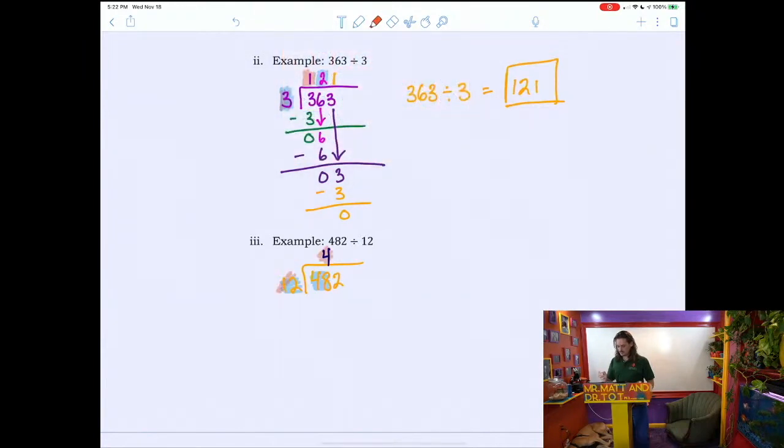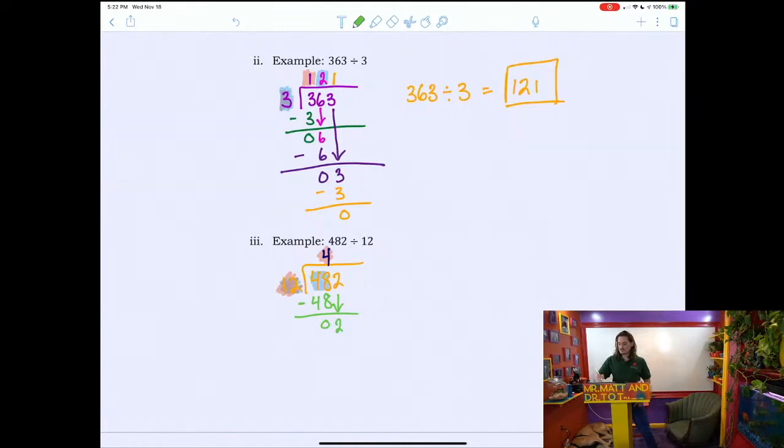times 12. 4 times 12 is 48, so when I subtract, I get a remainder of 0, and I can bring down the 2. Now, 2 is not divisible by 12.